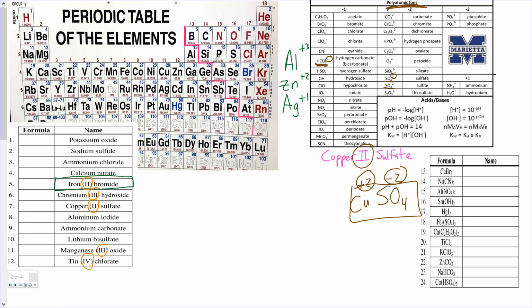Number 11 says manganese, not to be confused with magnesium. Manganese, and it has this Roman numeral, and then it says oxide. Manganese, Roman numeral, oxide.